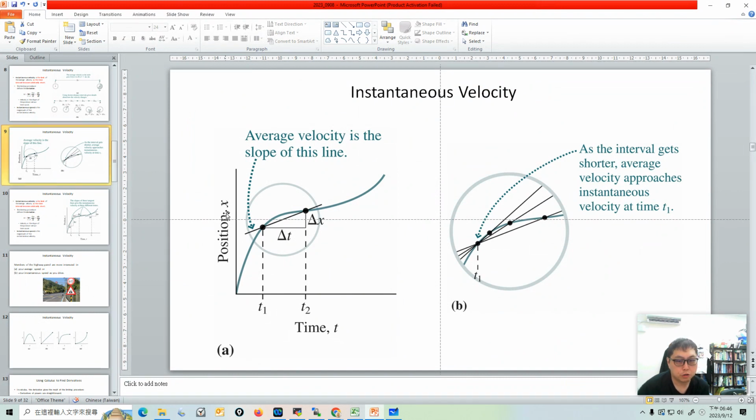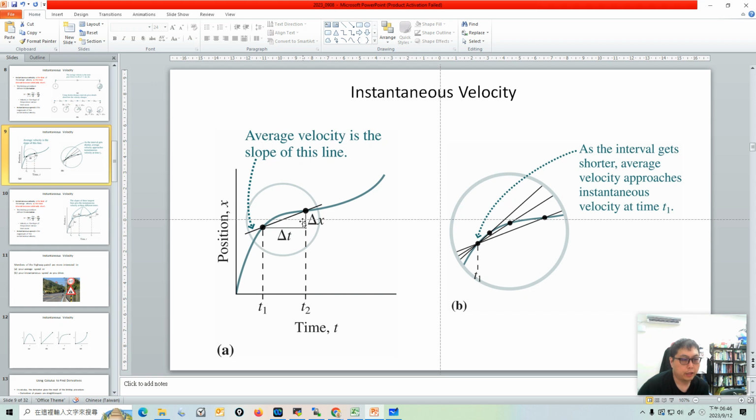Here is the x-t diagram, and the green line is position x as a function of t. You can also think of it as a trajectory. We pick two points, t1 and t2, where t1 corresponds to x1 and t2 corresponds to x2.